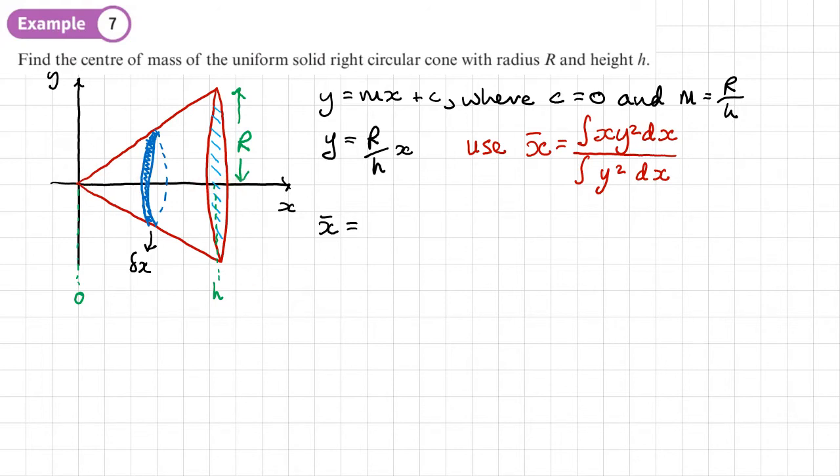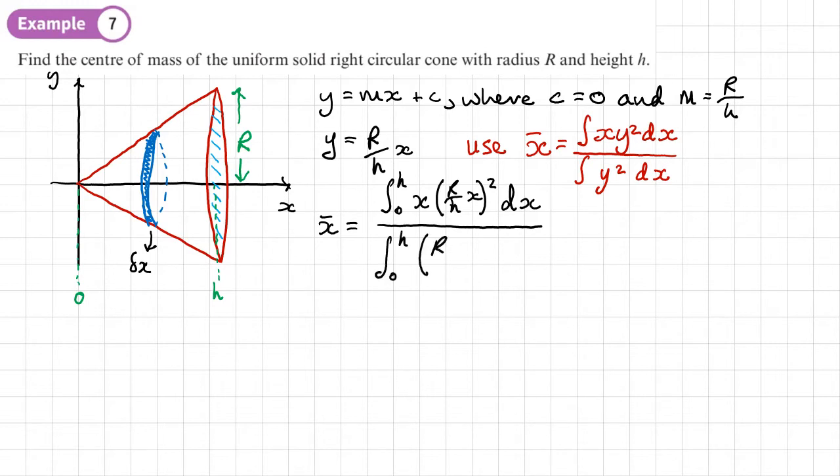So I'm going to have the integral between 0 and h of x times y all squared. So that's going to be r over h x all squared dx, all over the integral 0 to h of r over h x, again all squared, dx.